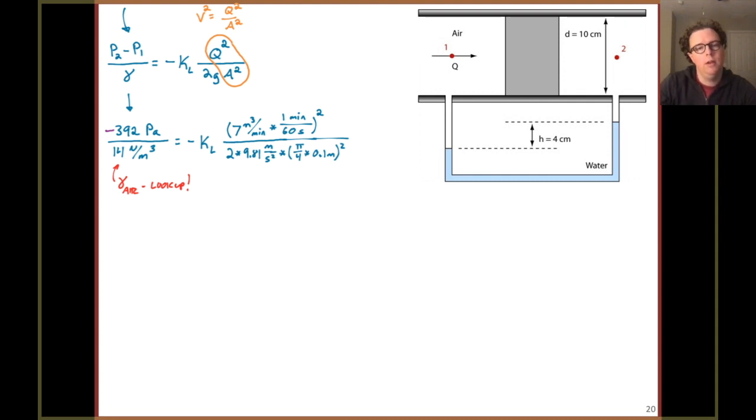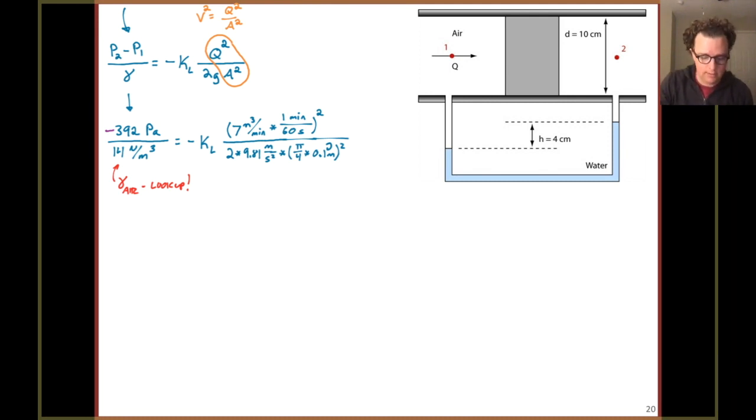On the top, I've got Q squared, so 7 cubic meters per minute we were given, with a unit conversion in the numerator from minutes to seconds for Q. Then in the denominator, 2 times gravity, 9.81 meters per second squared, times area, which is pi over 4 times the diameter of the pipe, 0.1 meters, squared, and then that whole quantity squared, because we had an area squared in the denominator.